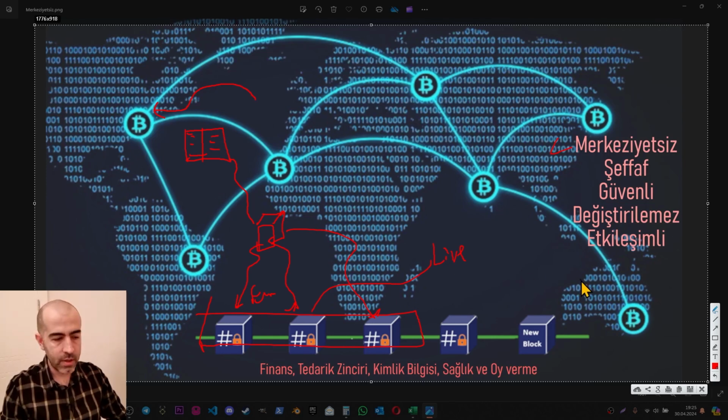So my file information is located on that computer as well. My file is also transparent. Anyone can see the information inside of that file and use the information however they like. And it is secure since it is decentralized and being confirmed by many computers.